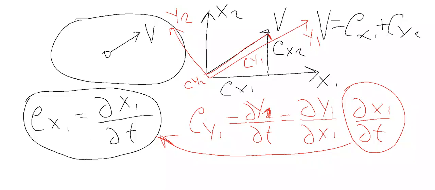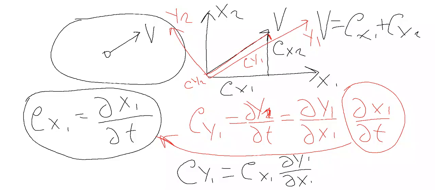So we can rewrite this equation: cy1 is equal to cx1 multiplied by the partial derivative of y1 with respect to x1.